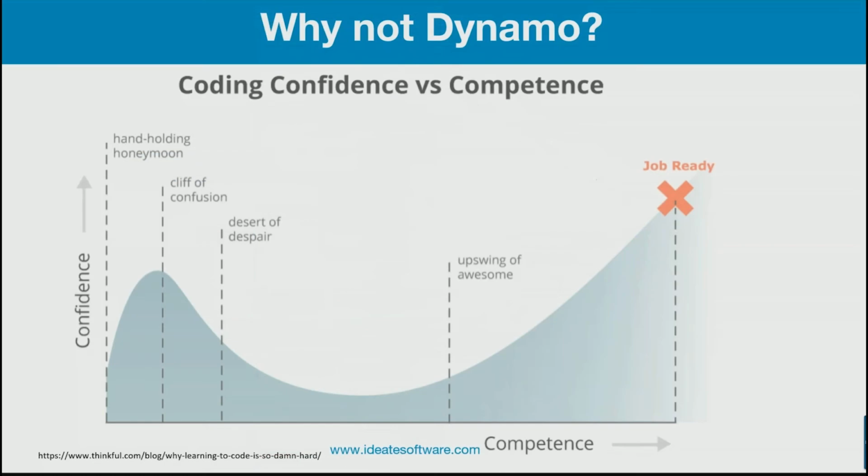Okay, so the next part starts about here. I have a lot of users that I've come across that are very, very proficient in Dynamo, but I have personally also struggled with learning it, and it's something that I'm trying to better myself at. And I came across this wonderful article on Thinkful that explained the process of learning when it comes to coding, right?